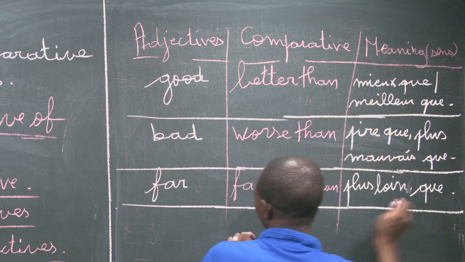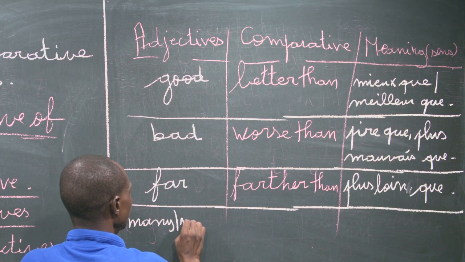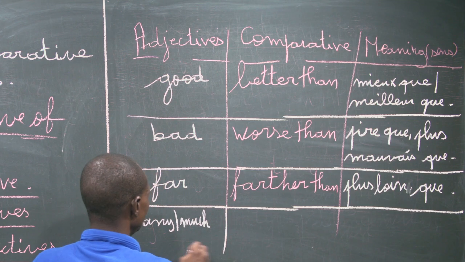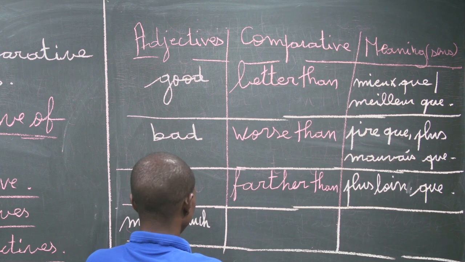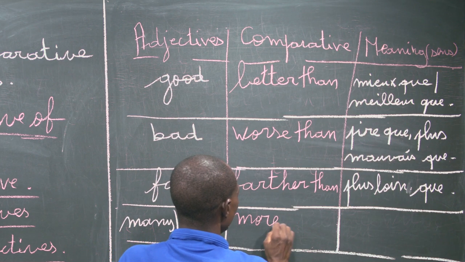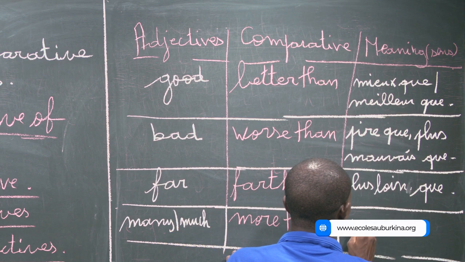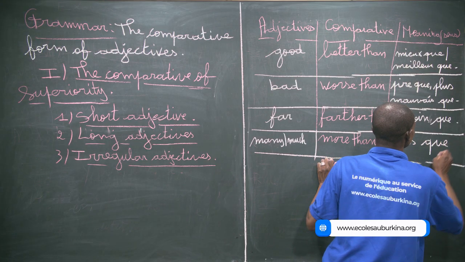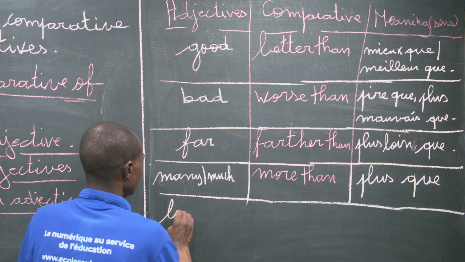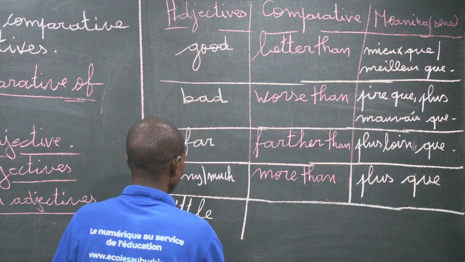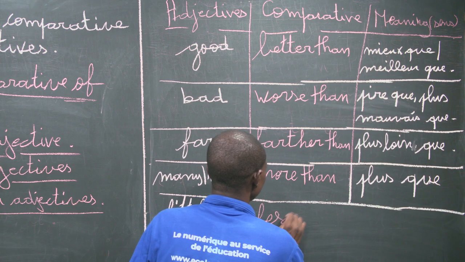Okay. And after that we have many and much. Here the comparative of superiority is more than, and the meaning in French is plus que. Okay, and the last one is little. The comparative here is less than.